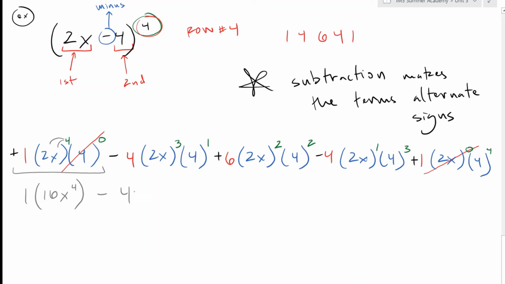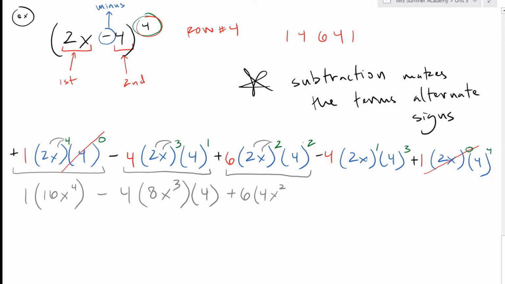Minus, keep the 4. So this piece here now, 2 to the 3rd power is an 8x to the 3rd. Still have that 4 to the 1 power, which is just 4. Next piece, 6. 2 times 2 is 4, x squared, and then this 4 squared is a 16.